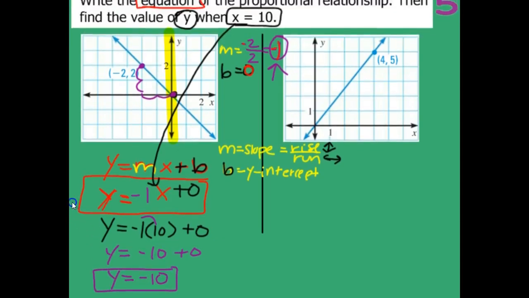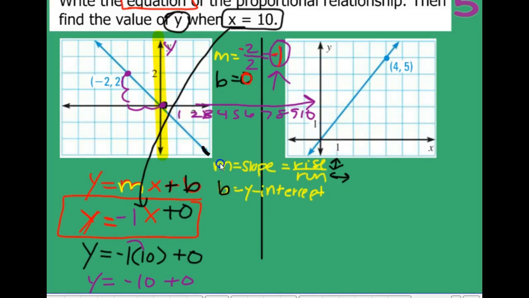So what does this mean? It says find y when x is 10. So if we were to follow this line out 3, 4, 5, 6, 7, 8, 9, 10, if this blue line extended all the way out, let me get a different pen. Here we go.